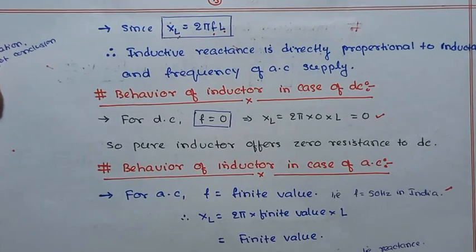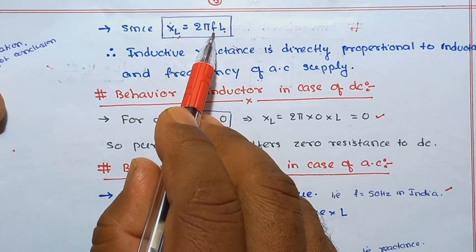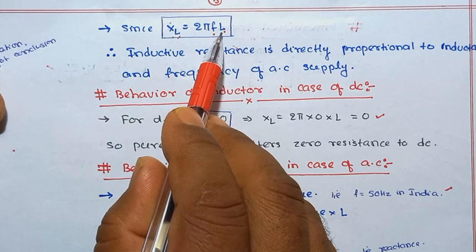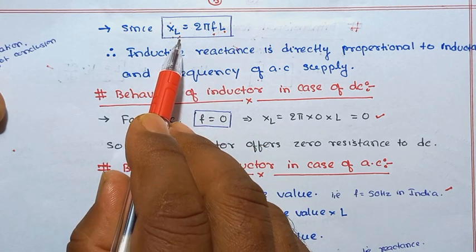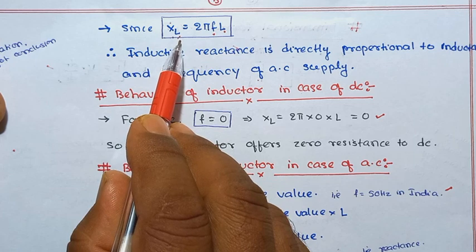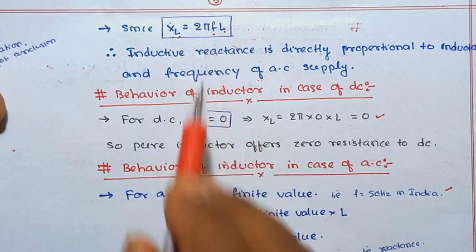So just now we got XL is equal to 2 pi FL. That means XL is inductive reactance, F is the frequency of the AC supply, and L is inductance. Therefore inductive reactance is directly proportional to the frequency of the AC supply and inductance.